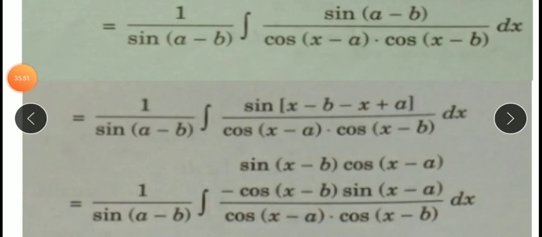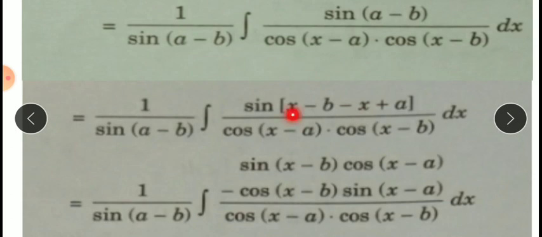See once again, refer to this. I have cleared that this is in form of sin(A minus B). That is, A means x minus b. B means what? X minus a. This is sin((x minus b) minus (x minus a)).